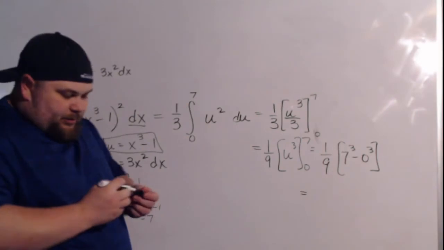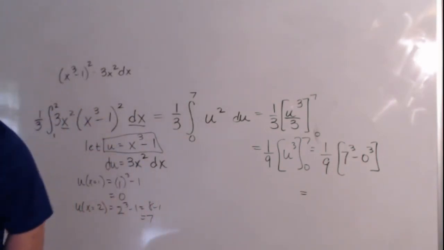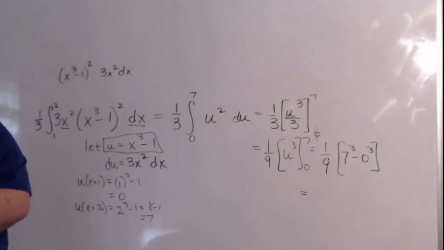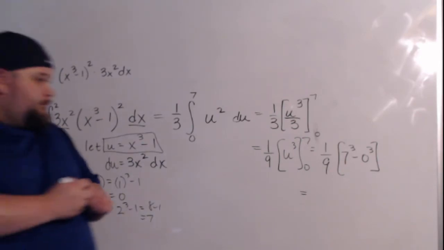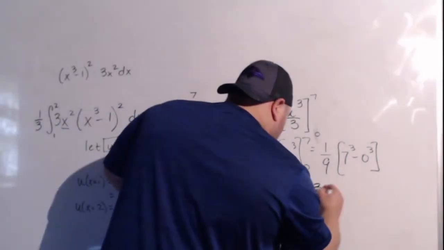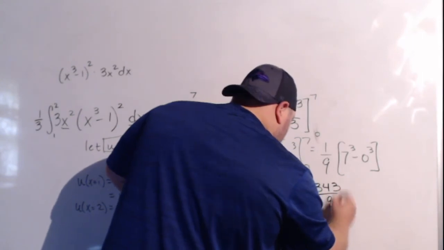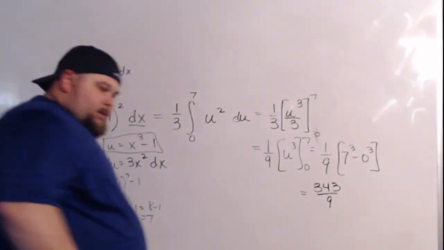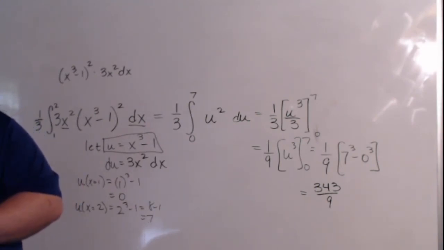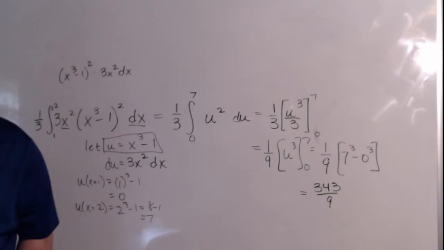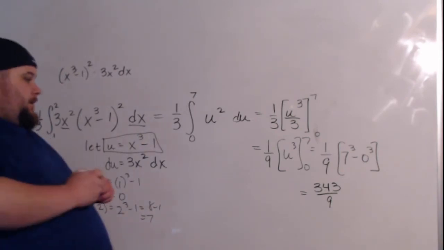So what is 7 cubed? 343. 343 over 9. And does that reduce at all? Nope. So it looks like that is our answer there.